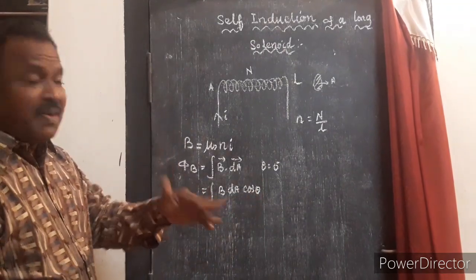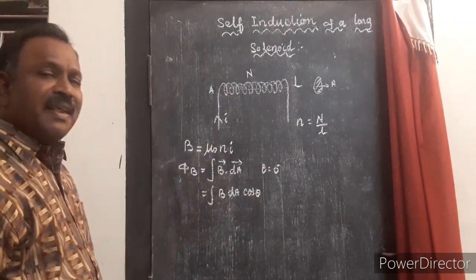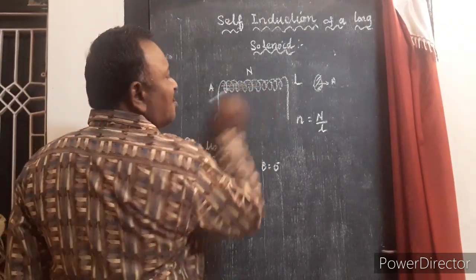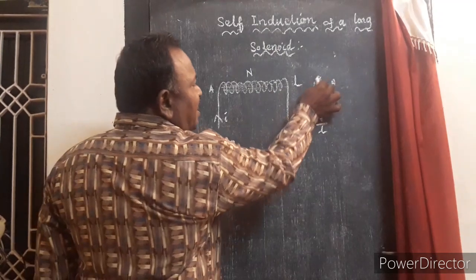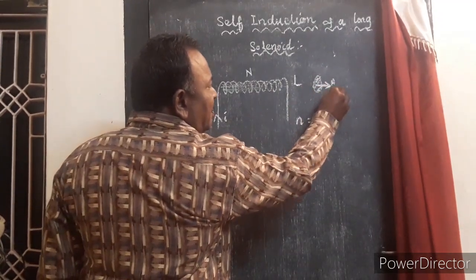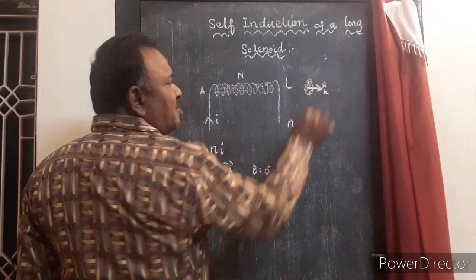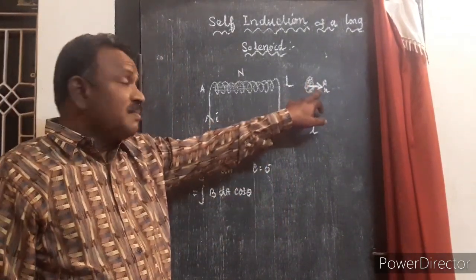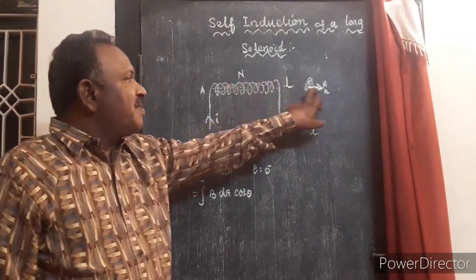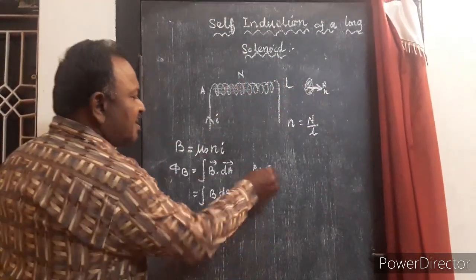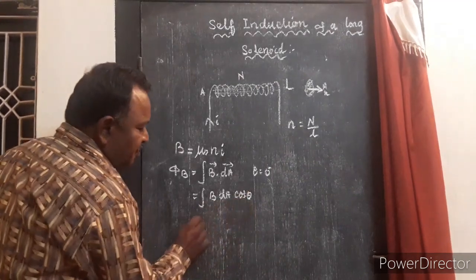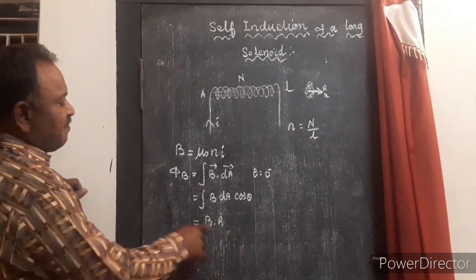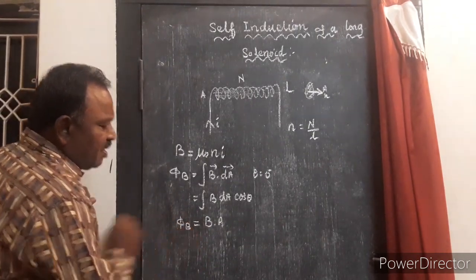It is the angle between the magnetic field and the area vector. The magnetic field is passing along the axis of the solenoid. If I have an area here, I have to draw a normal, which is perpendicular to the area. This direction represents the area vector. So the angle between the magnetic field and the normal drawn to the area is theta, 0 degrees. When I substitute it, I will have B A. So this is the flux linked with a single turn of the solenoid.